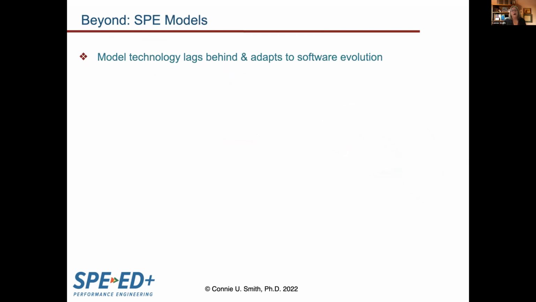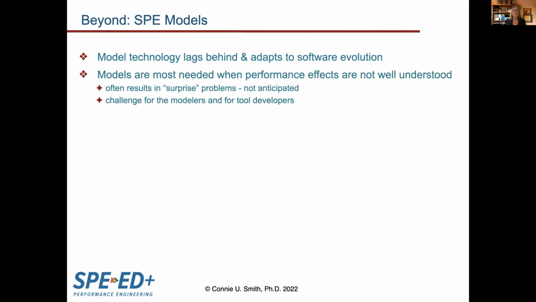Model technology tends to lag behind software evolution and processor evolution. So as we come up with new applications, we have to create the models of that new application and new software. And those models are most needed when the performance effects are not well understood. And so when we have these situations, we often have surprise performance problems.